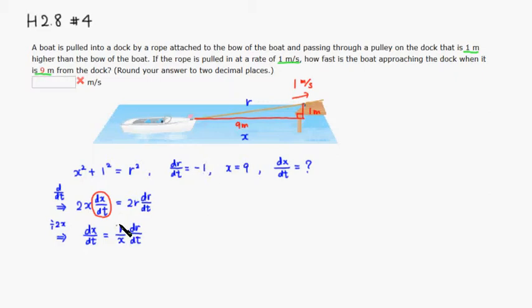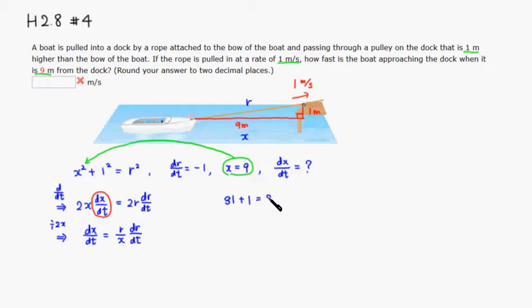We still need to find r, but we can find r by plugging x equals 9 into the original Pythagorean theorem. 9 squared is 81, plus 1, so that's 82.